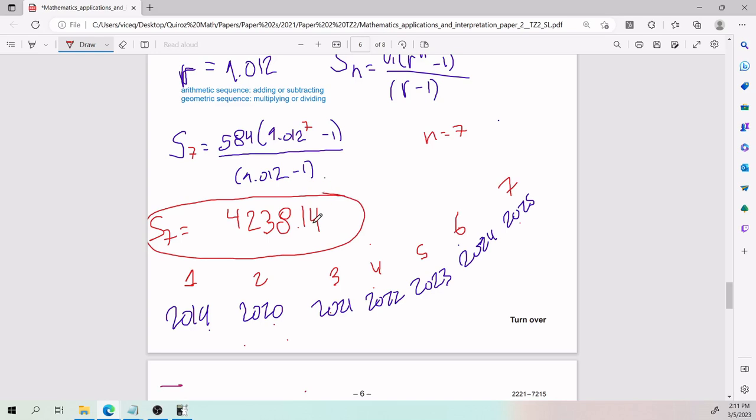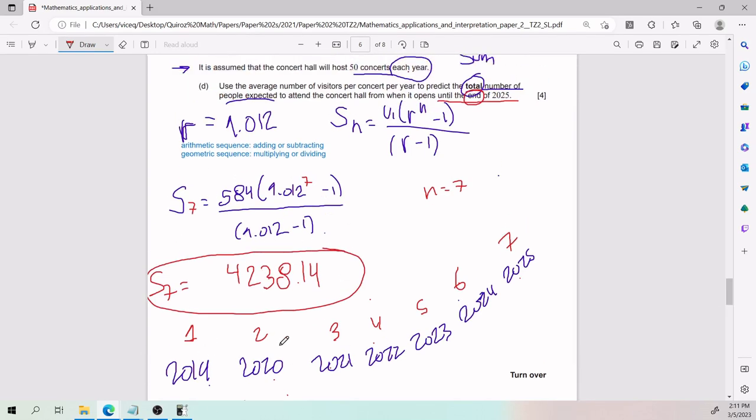We're not done just yet because this number here is the average number of visitors, the people expected to attend the concert hall, one concert each year.